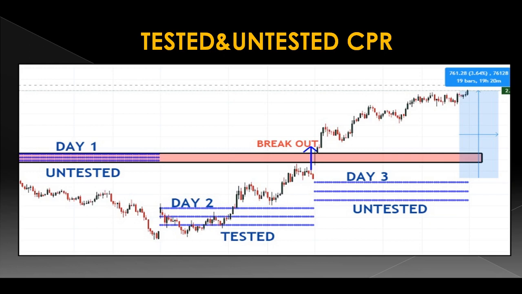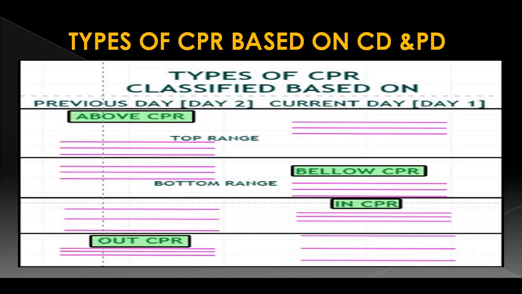So we saw so far thin CPR, thick CPR, tested CPR, untested CPR, and how it used to behave. We'll see next the types of CPR based on current day and previous day.